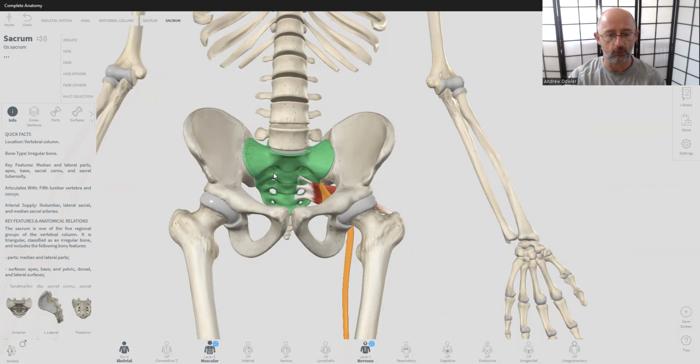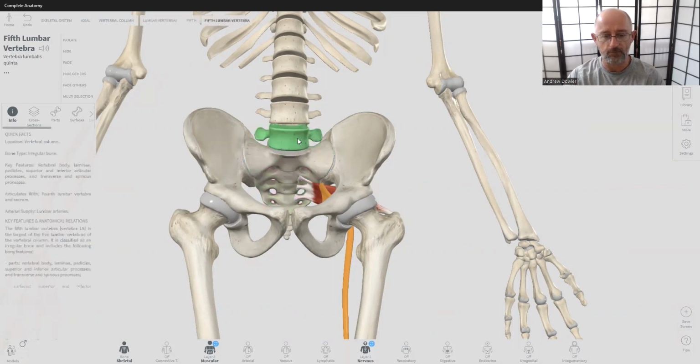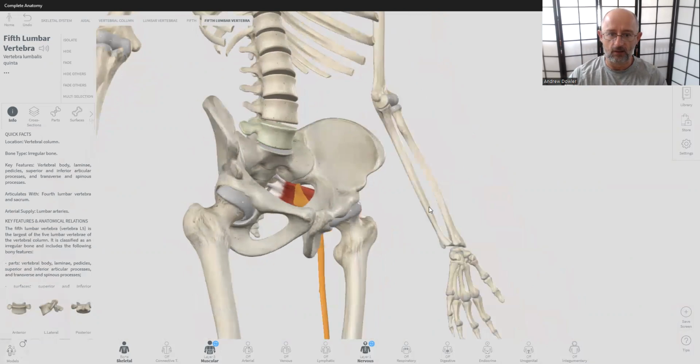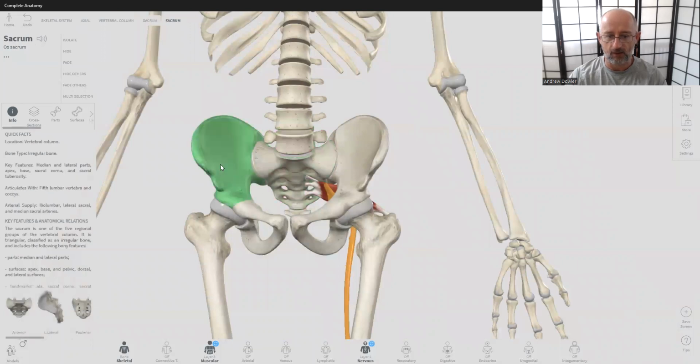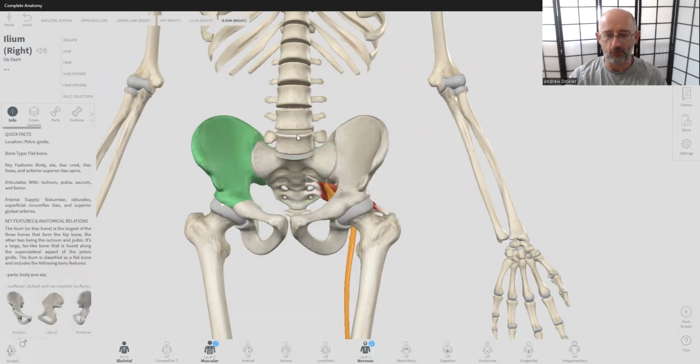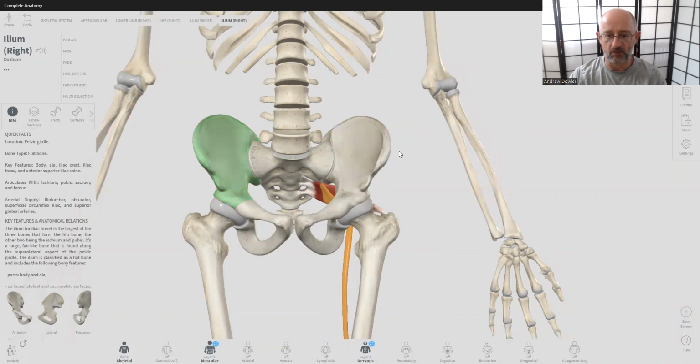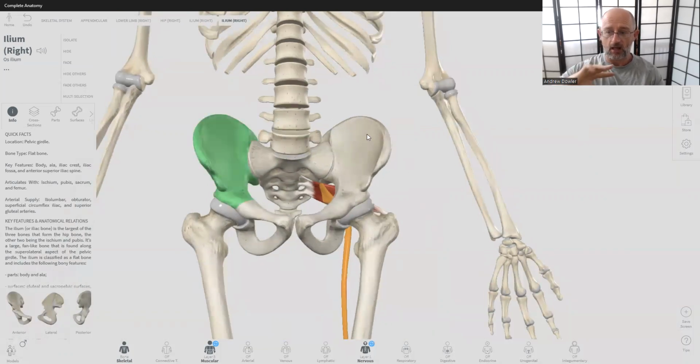When you move the sacrum, you move the fifth lumbar vertebra, and consequently it goes up and down the spine. So any positional change of the vertebrae will affect positional change of the pelvis, and any positional change of the pelvis will affect positional change of the vertebrae. So they're kind of yin and yang. You can't move one without affecting the other to some degree.